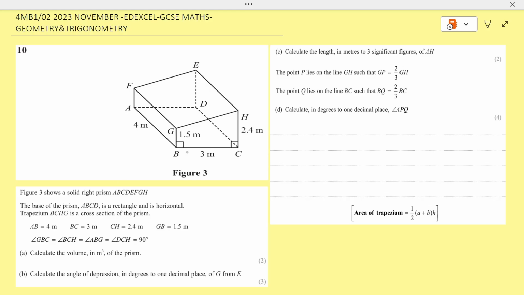Trapezium BCHG is a cross section of the prism, and the measurements are given: BC is 3 and CH is 2.4, GB is 1.5 meters, and the angles GBC, BCH, ABG and DCH are 90 degrees. So A, calculate the volume of the prism.